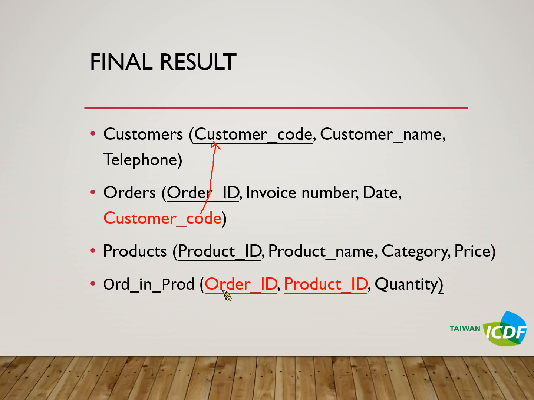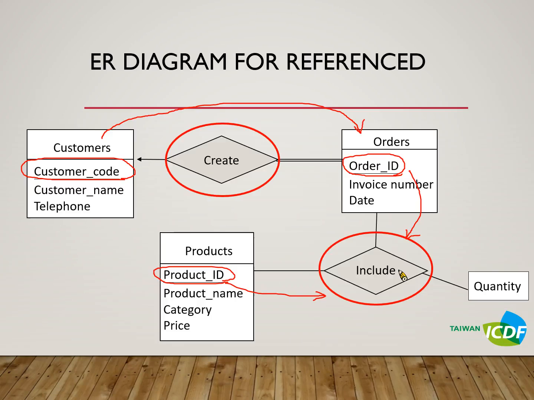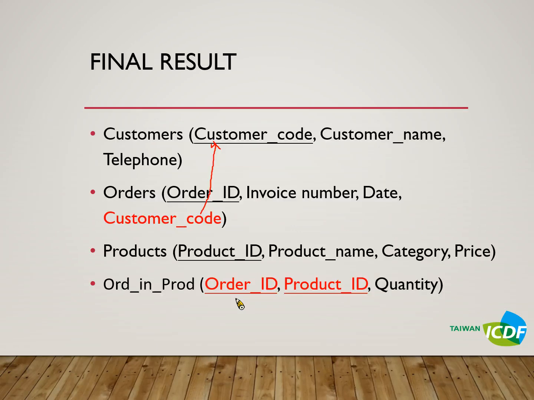This table contains the primary keys from the involved entity sets, and the combination of these two attributes can also be treated as the primary key. In addition to these attributes, we have to consider the quantity, which is the attribute attached to the includes relationship.